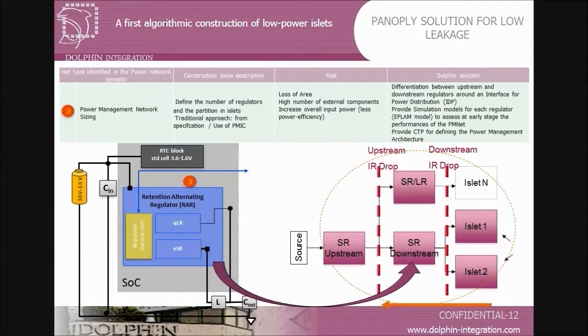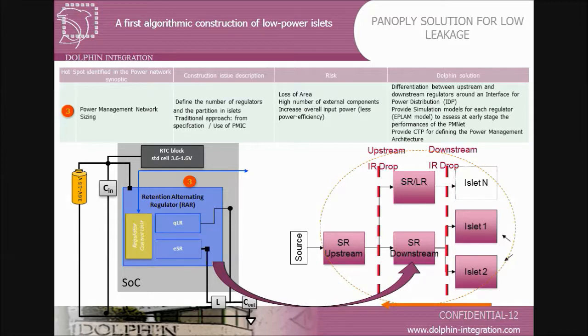What we work on within Dolphin is to define a structure of this power management network. First, defining what we call an interface for the power distribution. On one side, upstream regulators will be optimized for the source. On the other side of the interface, you will have regulators optimized for the islet.